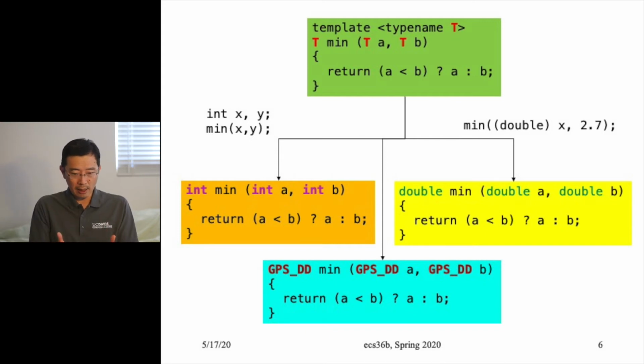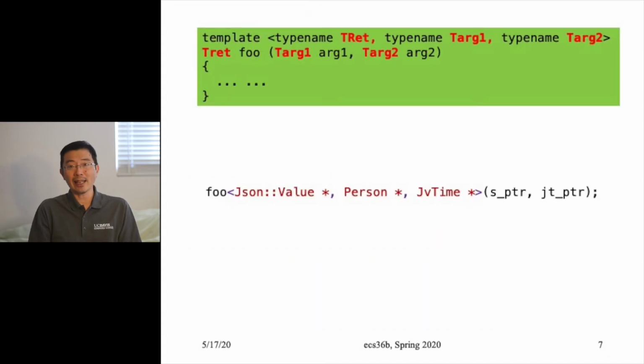When I call this function this way, I'm using GPS, so the type name will be replaced by the object reference, which is GPS DD, which then generates the code in the sky blue box. It looks like this. And then when you call it, it will actually call that function. So this is very powerful and very useful for us to understand the template.